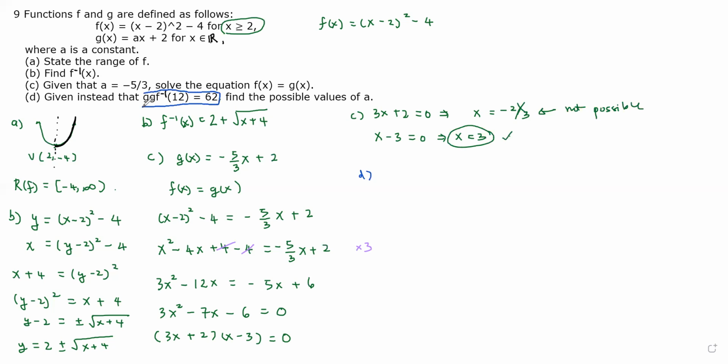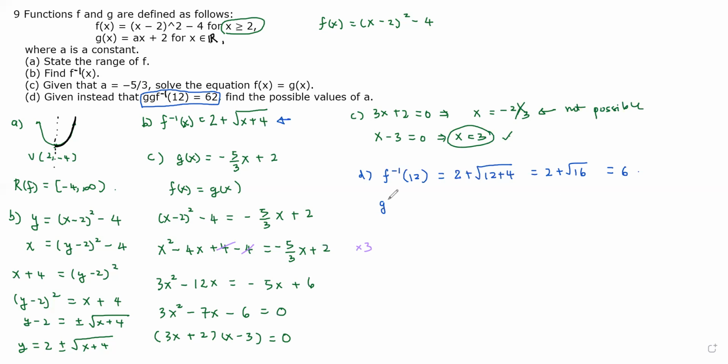To work out the left side, let's find f inverse of 12 first. f inverse is 2 + the square root of 4 + x. So we have 2 + the square root of 12 + 4, which is 2 + the square root of 16. The square root of 16 is 4. 4 plus 2 is 6.